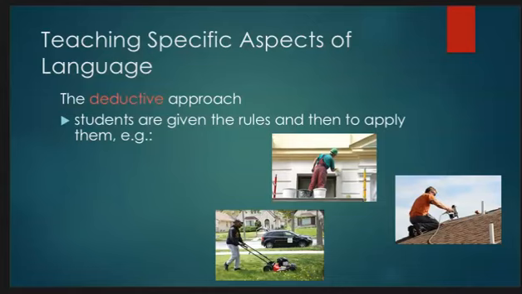So the example that we saw in the textbook was something like a teacher who is teaching the present continuous, and they maybe first engage students by talking about some activities that a person might do around their house, and then they show them a picture of a man who's painting a house, and he would say, he's painting the house, and then would isolate those parts to really draw attention to the form.